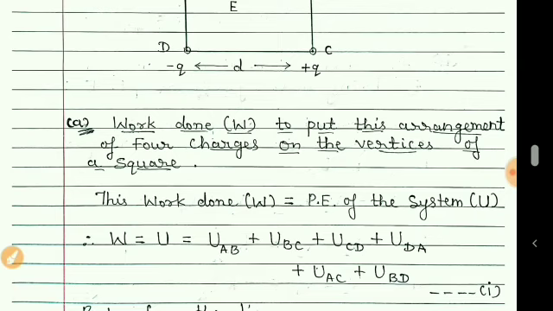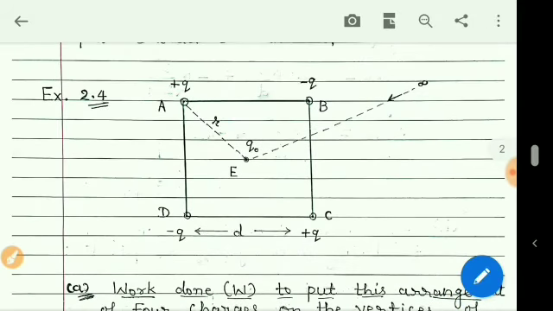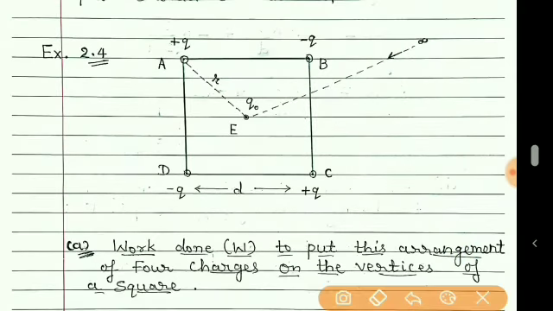Now to find the work done, we have to place these charged particles on the vertices. Suppose earlier on this square there are no charged particles, but if I go on placing the charges one by one, then I have to do some work.